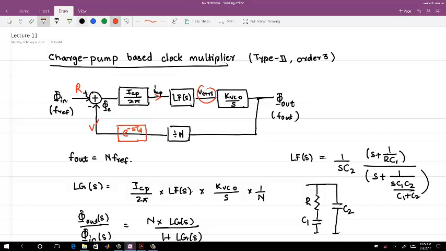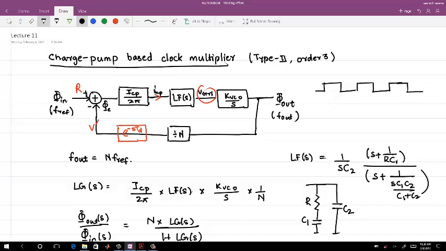Your question, let me just repeat it for others, is that in a locked state the phase error phi e is going to zero, but there is a delay associated with the divider. So it's like this. Let's say the input of the divider is a divide by 2 signal.